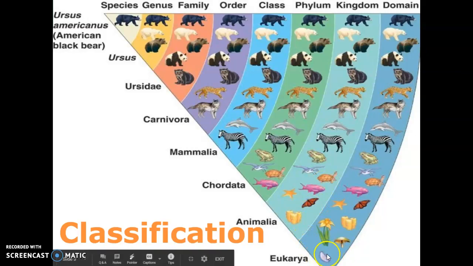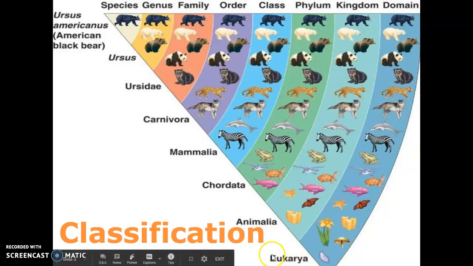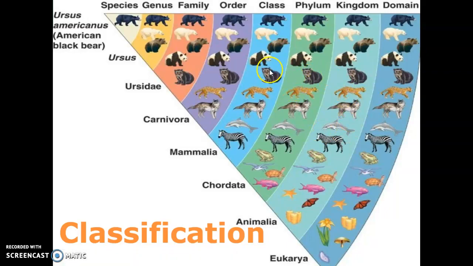So we get rid of, down here, protists, and we're going to get rid of plants, and we're going to get rid of fungus. They're gone. Now, the reason that bacteria are not in here is because they're not eukaryotes, they're prokaryotes, so they're not going to be in here to begin with. And then as we move down, each of the levels get smaller and smaller, so they get more exclusive. So we kick out those that don't match.